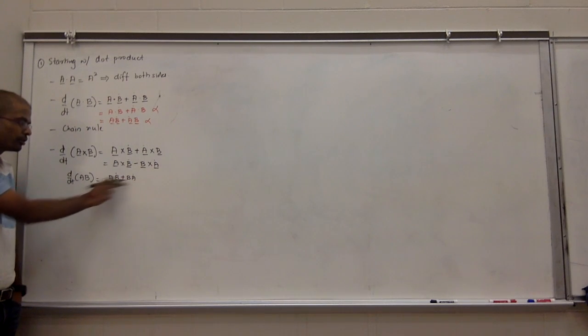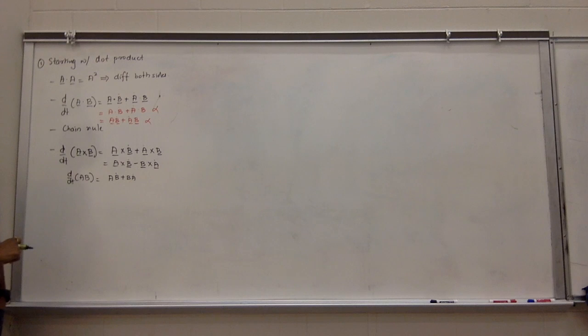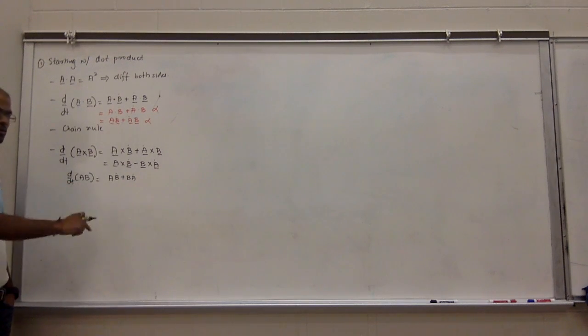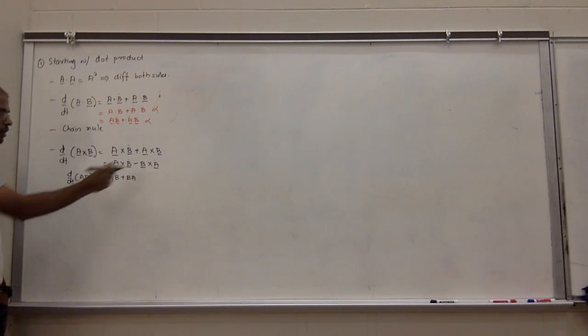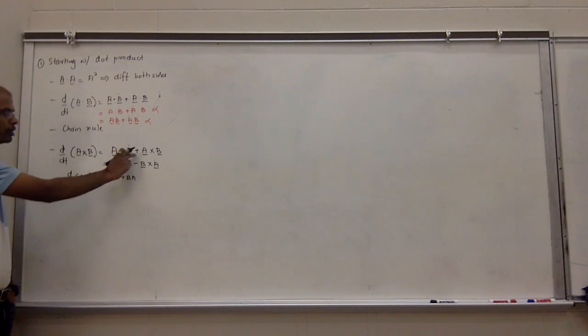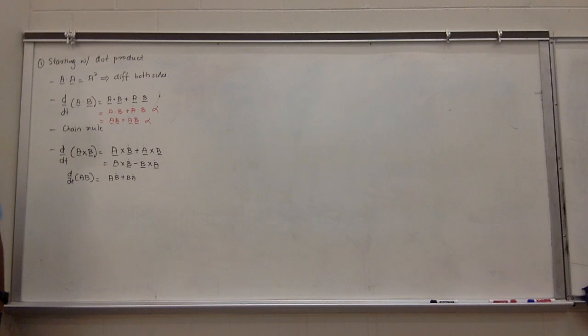This is how you remember your product rule. You can change the order for a dot product, but when you take a cross product, you cannot just change that. If I change this sequence, it becomes plus. So this is what you need to remember. This is just a product rule.